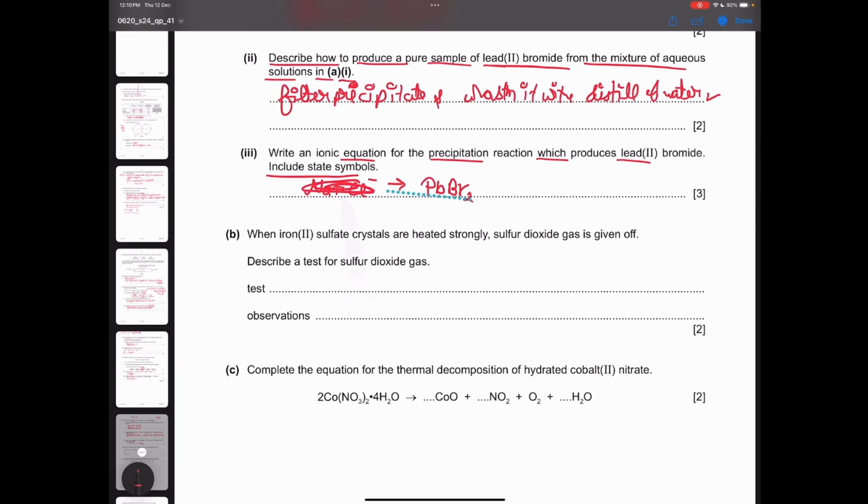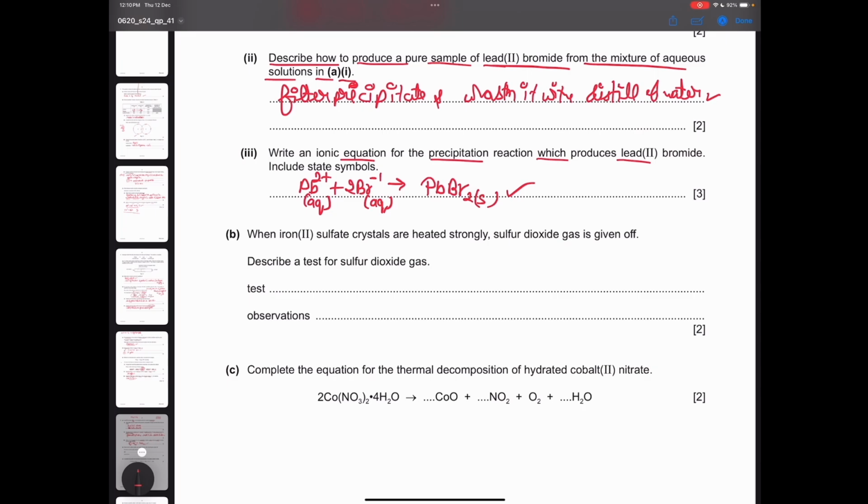It's very simple that lead bromide must be made from lead ion, which is Pb2 plus, and bromide ion, which is Br negative 1. You will have to put a 2 here in order to balance this. Write aqueous here, and solid here. This is the answer. You will get all 3 marks for it.